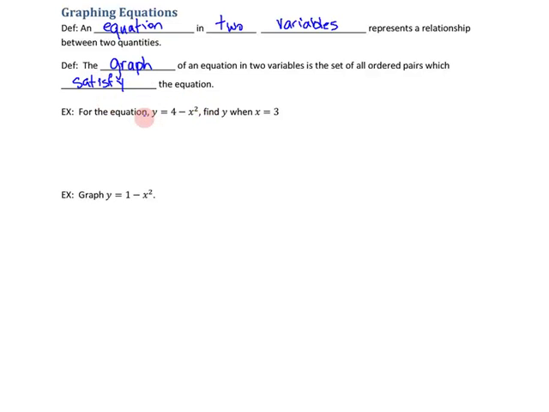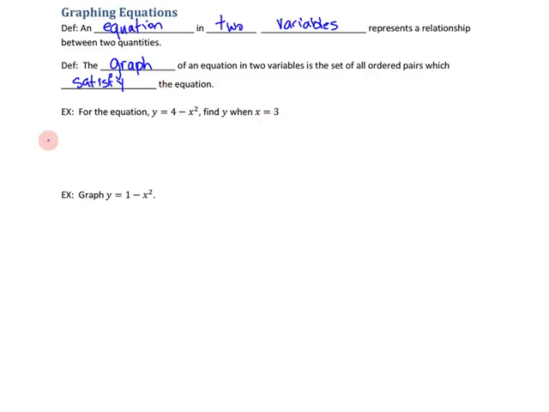So for example, if we were looking at, say, either this equation or the one that we will graph here below, when we graph this, we're finding all of the points in the Cartesian plane that satisfy that equation. Okay?